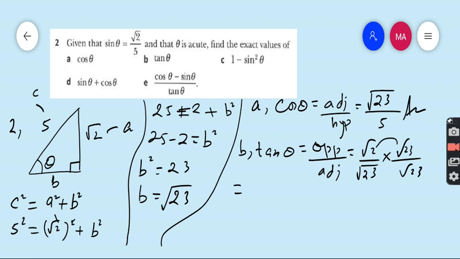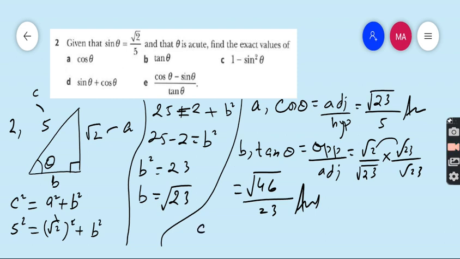If two roots are multiplied, then their values are also multiplied. Root 23 into root 2 is root 46, and root 23 times root 23 is just 23. So the final answer of tan theta is root 46 upon 23.